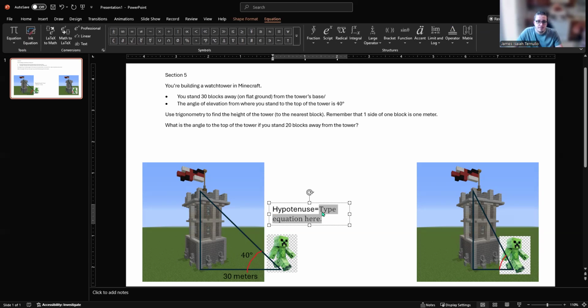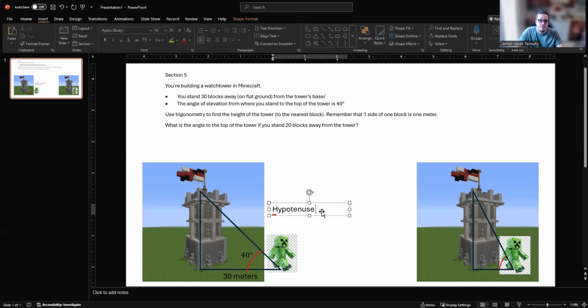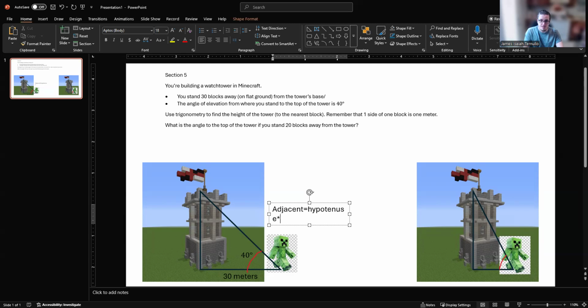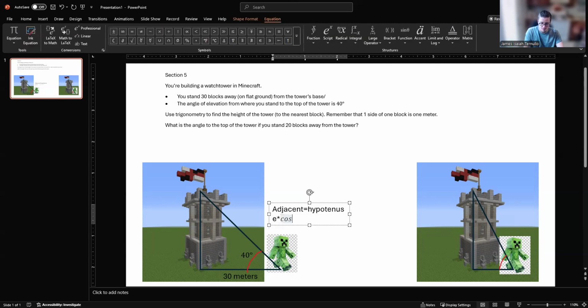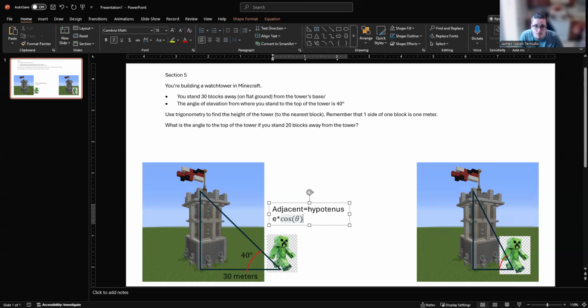Sorry, let me make this really easy. We have an adjacent, and that is going to be equal to hypotenuse times cosine of the angle. Let me make this a little easier to see.